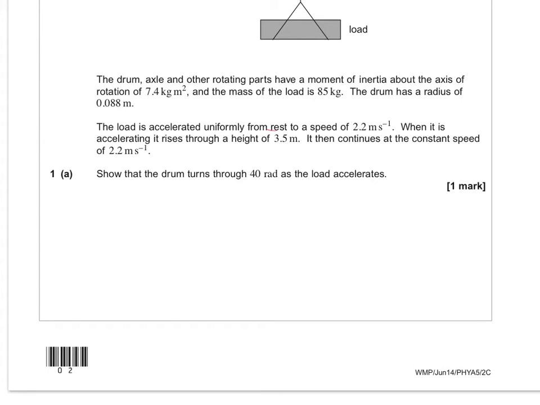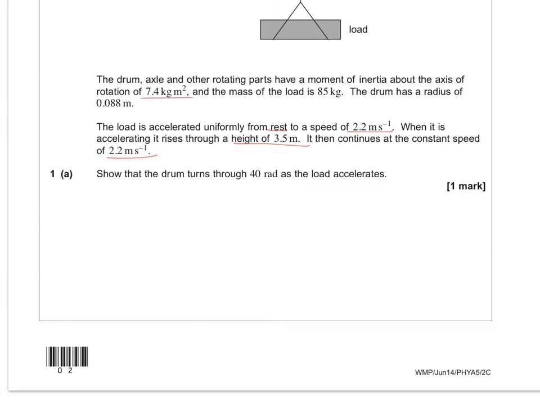So we've got initial speed of 0 going to 2.2 meters per second. Got the height change of 3.5, and then it's going to continue at this speed here. Okay, so what other information do we have?